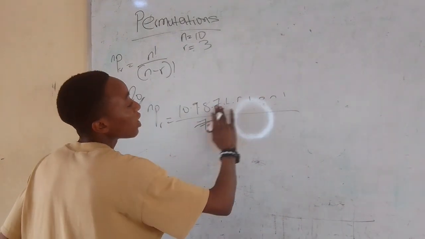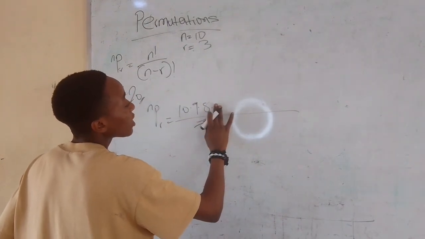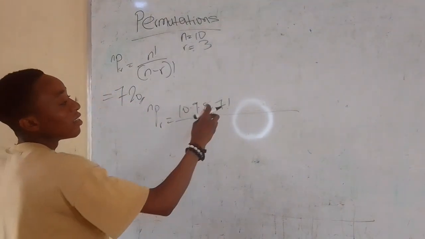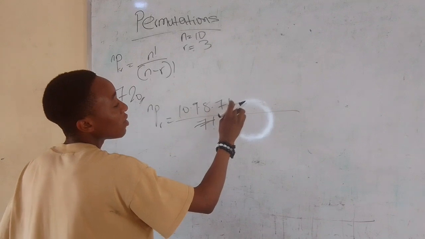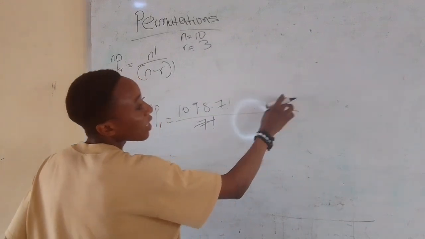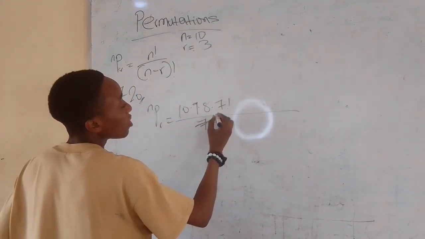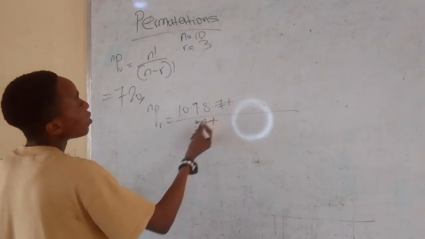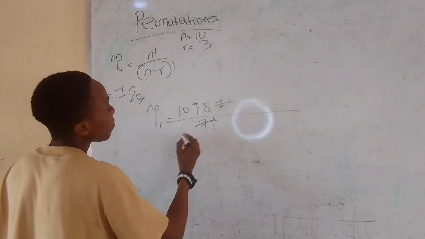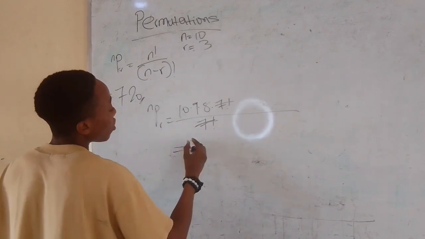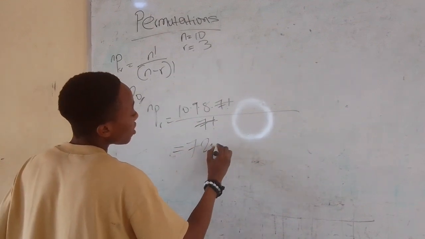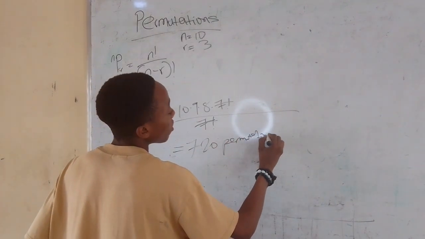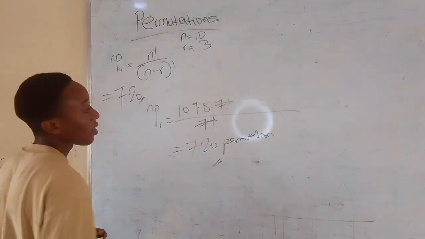I can decide to clean everything like this, and once I get to 8, I'll put my 7 factorial. It's still the same thing as 7 times 6 times 5 times 4 up to 1. So I can use this to cancel this, and then I'll be left with 10, 9, 8, which is the same thing we got the other time. And by the time we multiply it, our final answer will be equal to 720 for our permutation. So you see I arrived at the same answer.